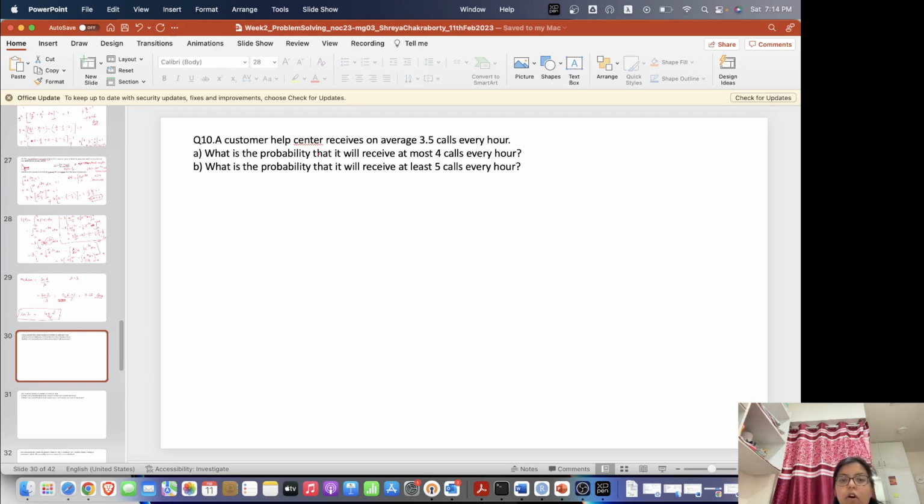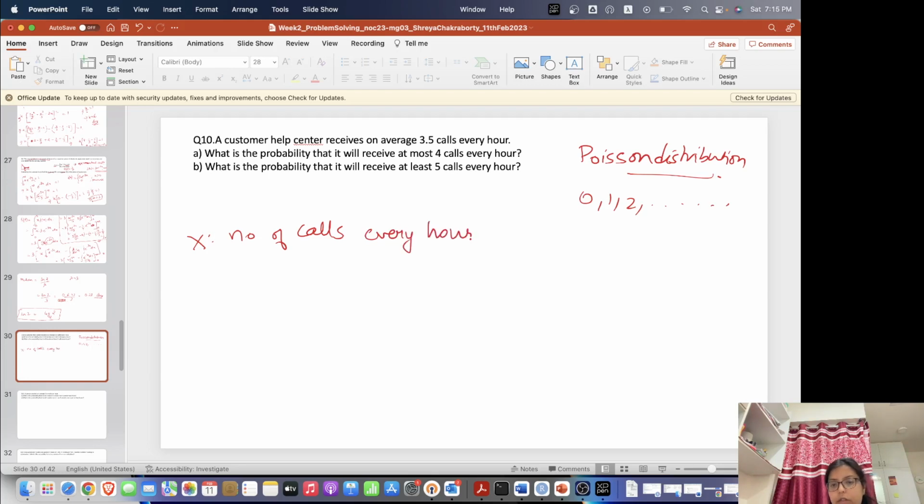So, number of calls in a customer help center, this is usually modeled using a Poisson distribution, because it could be 0, 1, 2 and infinite. Okay, so we assume that let x, the random variable, be number of calls every hour.